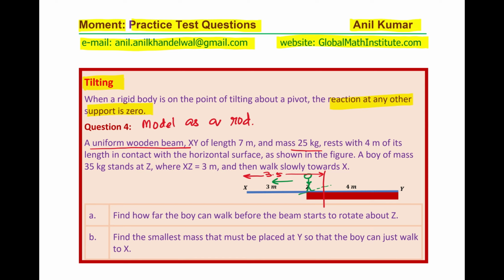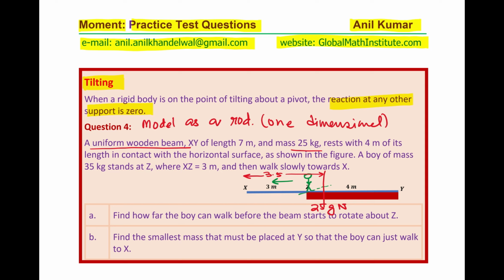Rod means one dimensional, and rigid means it is not going to bend or buckle. So the mass can be focused at 3.5 meters and it is 25 kg. Because of this, there will be a weight of 25g newtons acting at a distance of 3.5 from X.